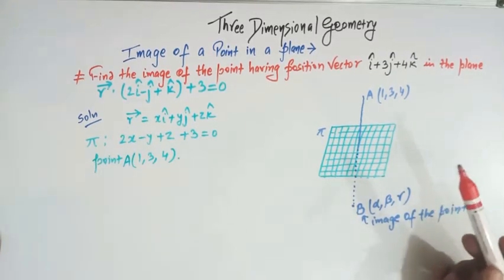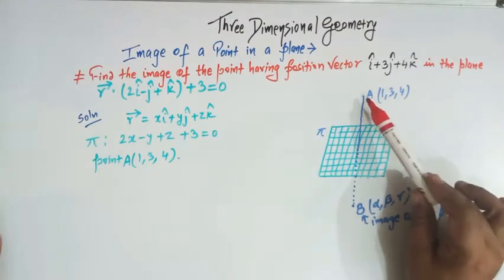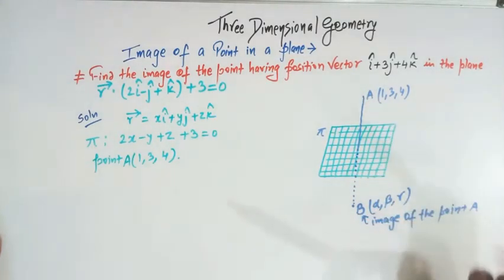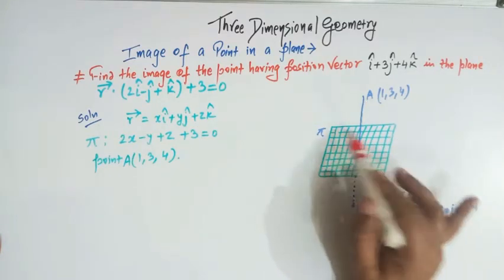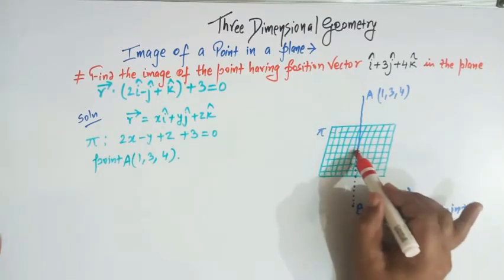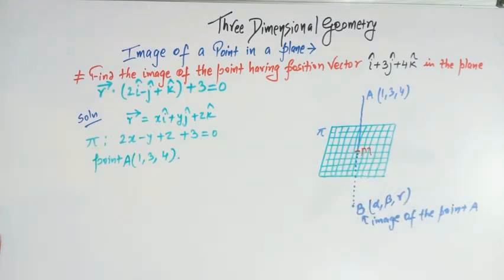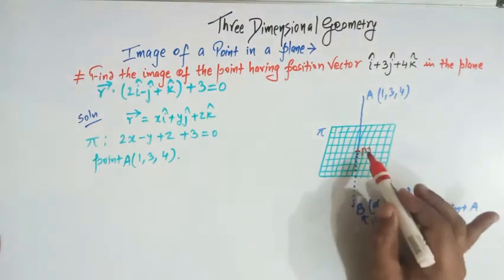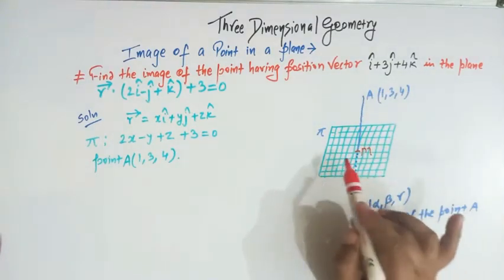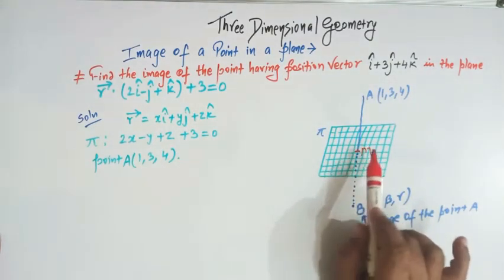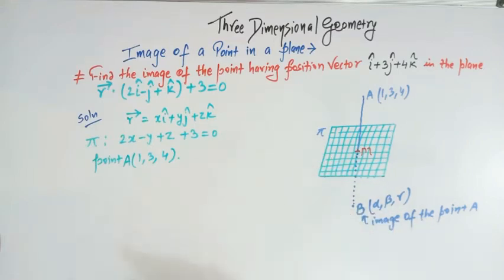And we'll treat this plane as a mirror, right? Now let this line AB cross this plane pi at this point, say this point be M, right? So M is the point where this line AB crosses this plane pi, right?